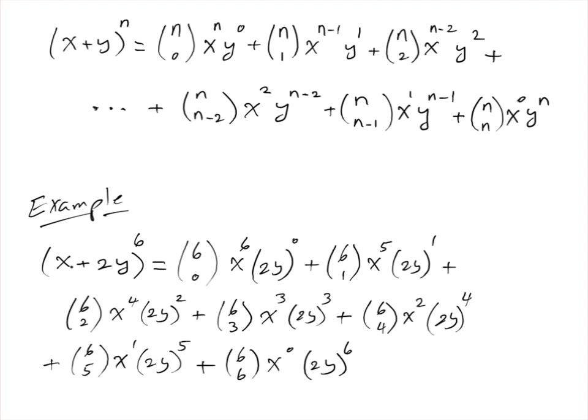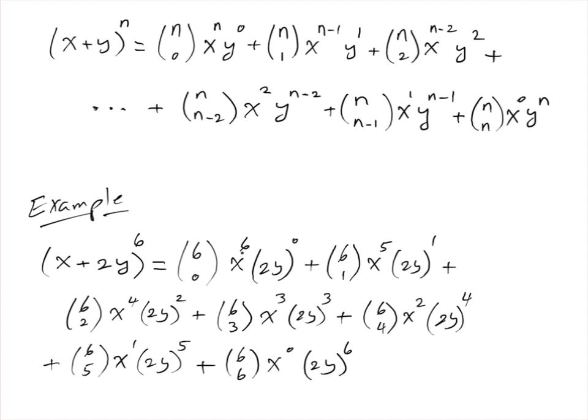And again, the first term in the binomial is x, that has a power, and the second term is 2y, that too has a power, and the powers work against each other. Starting with the first term, you have x to the highest power, 6, and 2y to the lowest power, which is 0. 2y raised to 0 is, of course, 1. You can simplify that later.